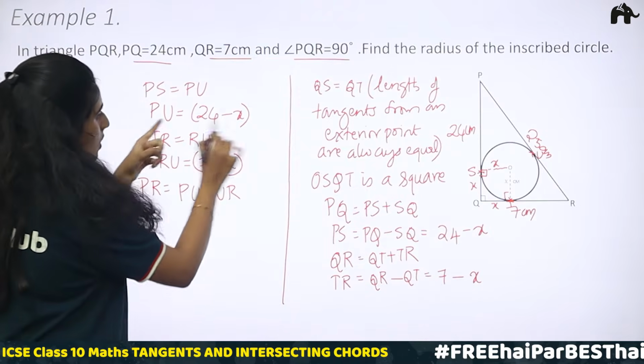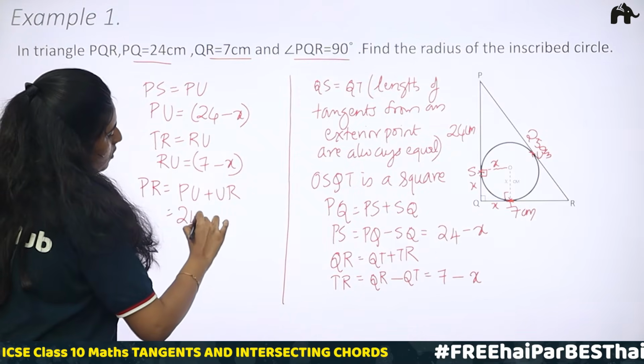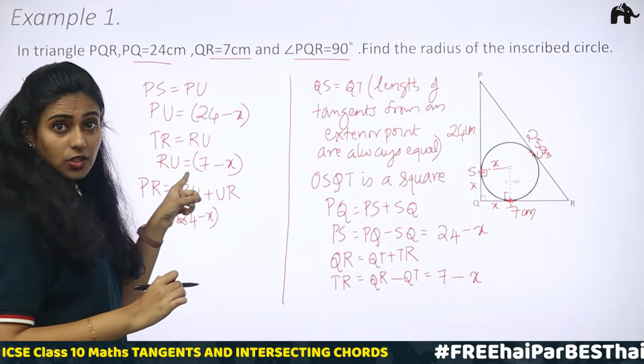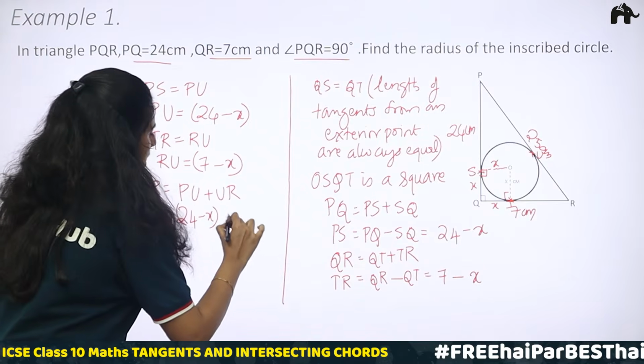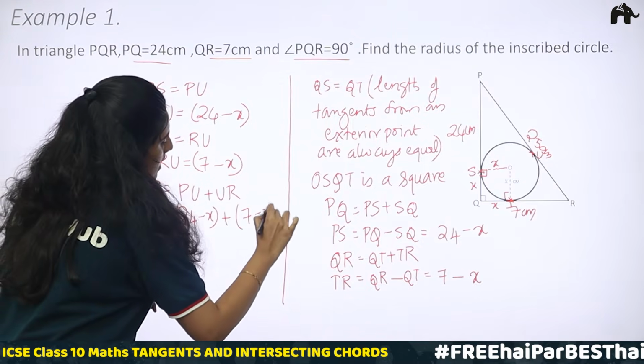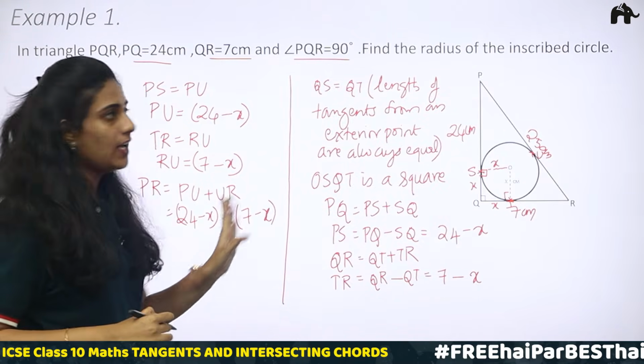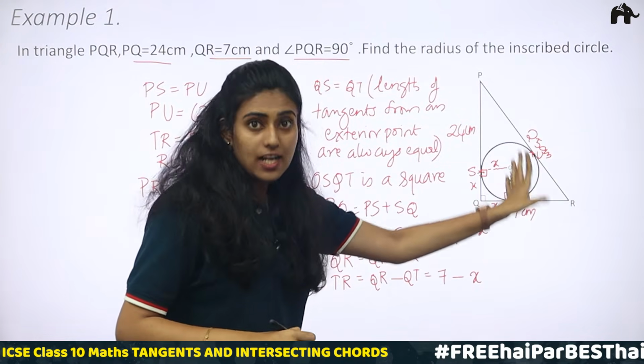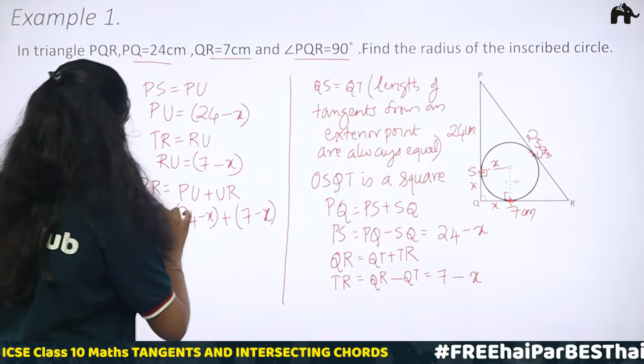PU is equal to 24 minus x and RU is equal to 7 minus x. What is PR? PR we have determined, which is the hypotenuse of the right triangle, 25 centimeter.